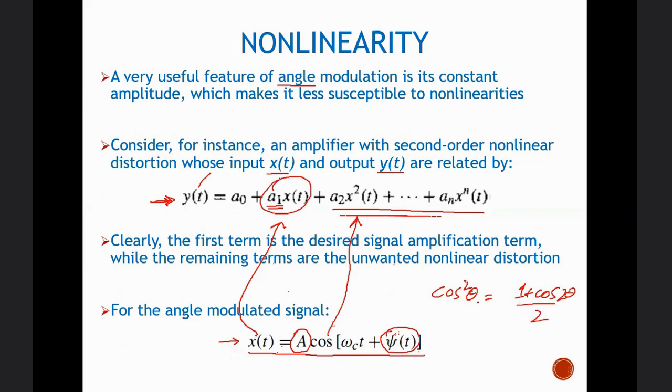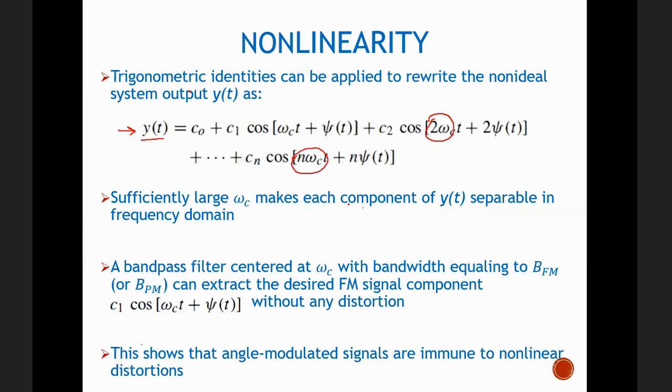Using this identity, we get this expression where we have the higher frequency terms like this and so on. Omega c is generally quite high, in megahertz, so we can filter them out. We can remove the higher frequency terms and filter out only the desired signal.